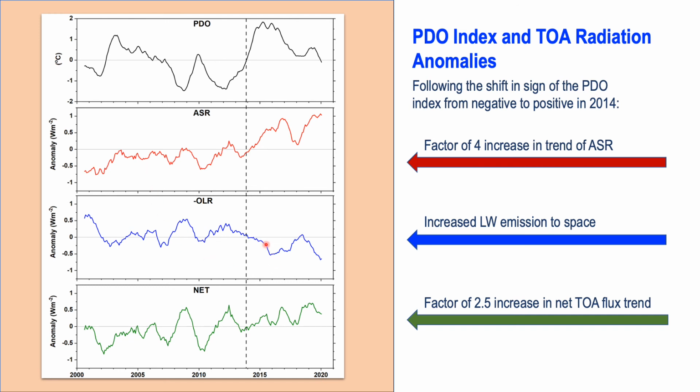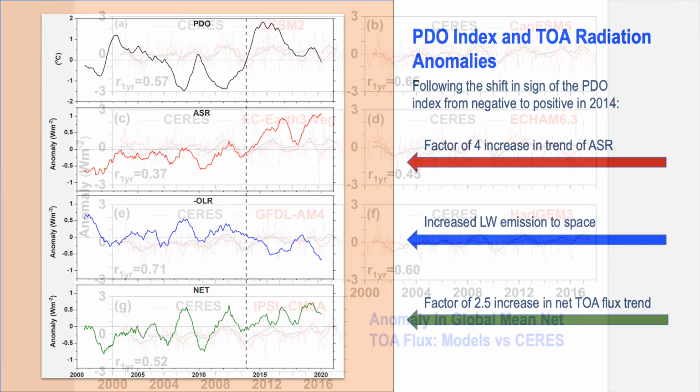We saw increased emission to space, but it was much more modest in magnitude. And we saw a factor of 2.5 increase in the net flux trend. So while there have been increases in greenhouse gases and feedbacks in response, there have also been these types of changes associated with the PDO that contributed to this increase in net radiation.